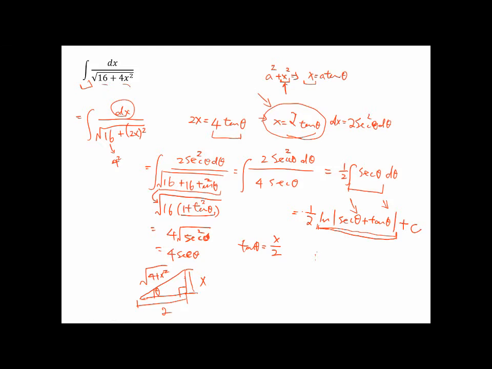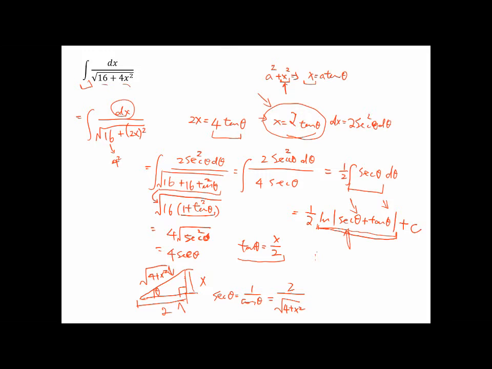Okay, so tangent theta is already known, which is x over 2. I need secant theta. Secant theta is 1 over cosine theta. Cosine theta is this side over this side, right? So that is 2 over square root of 4 plus x squared.